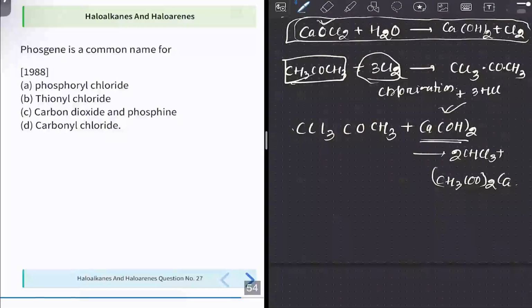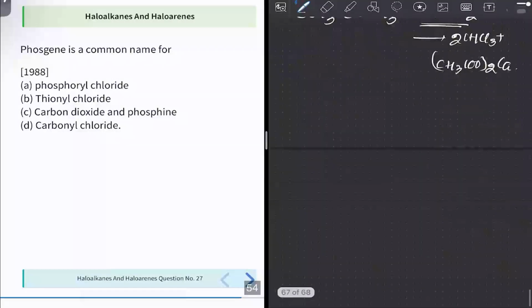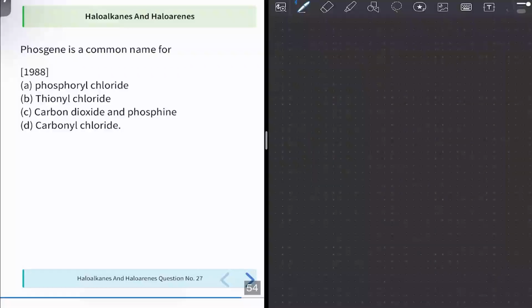Phosgene is a common name for a compound. You saw that phosgene is produced from the oxidation of chloroform. So what is the formula for phosgene? That is COCl2. This is a carbonyl group.